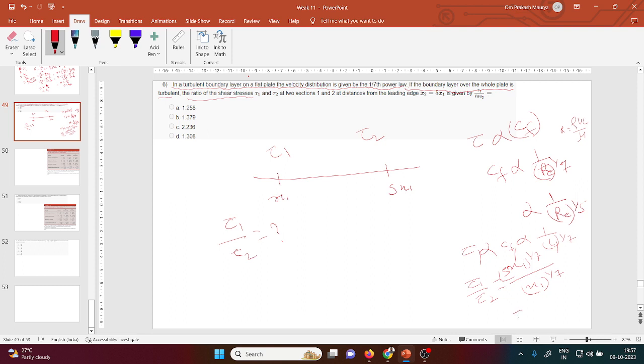So you are getting 5 to the power 1 by 7. How much will you get? Here is my calculator. Let me use the mobile for that.